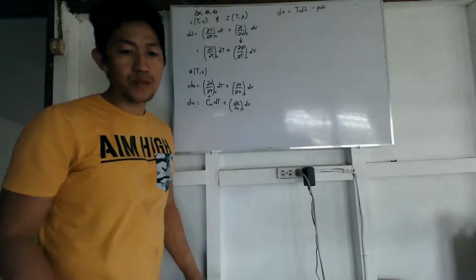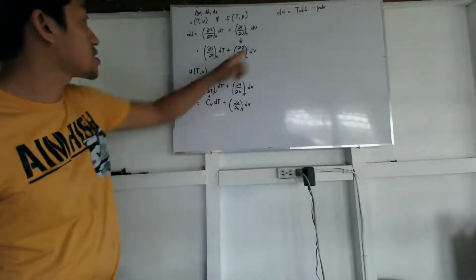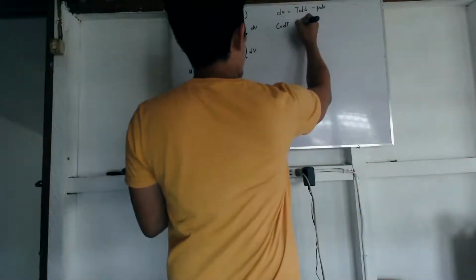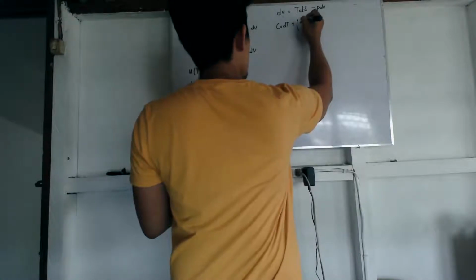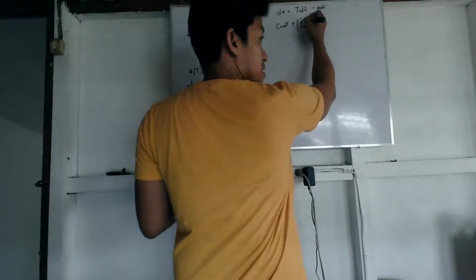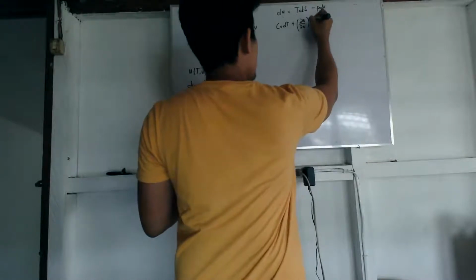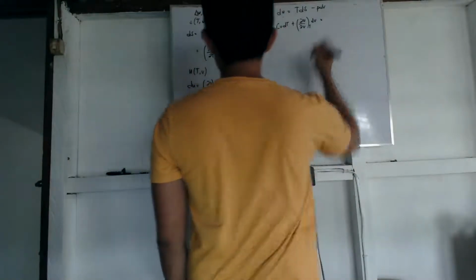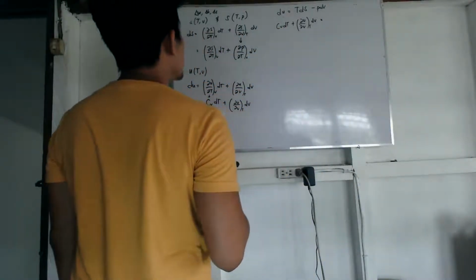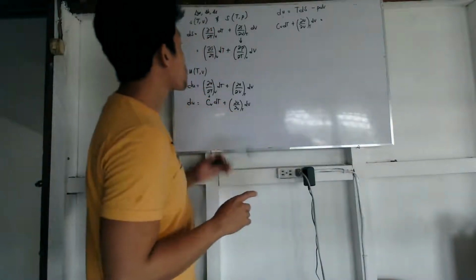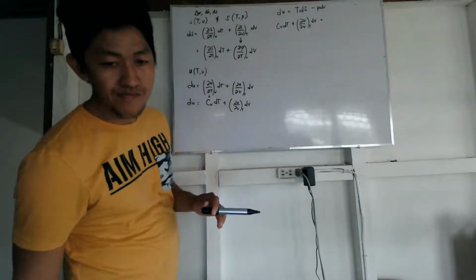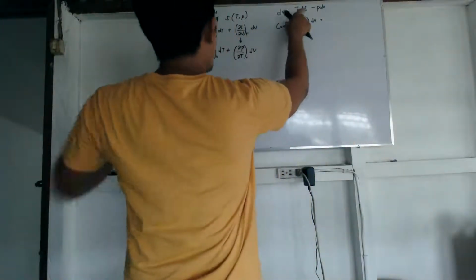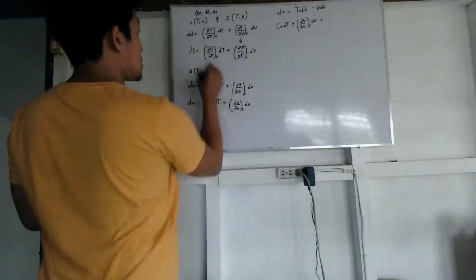So, we substitute: Cv dT plus partial of U with respect to V at constant T dV equals, okay, we will substitute the value of dS, which is this one.